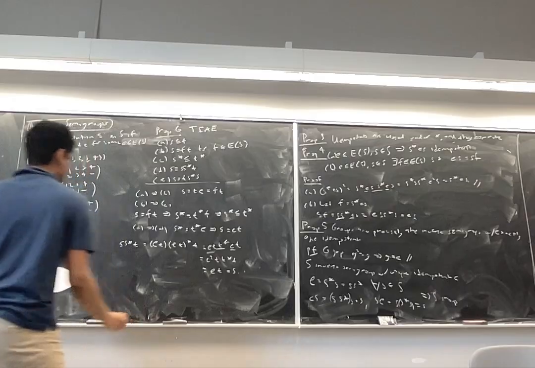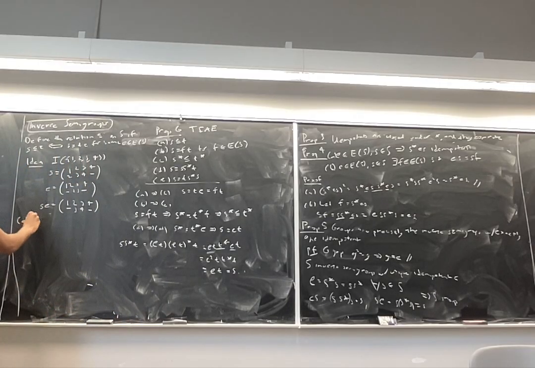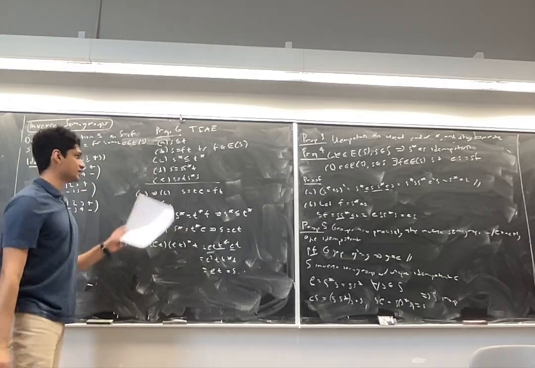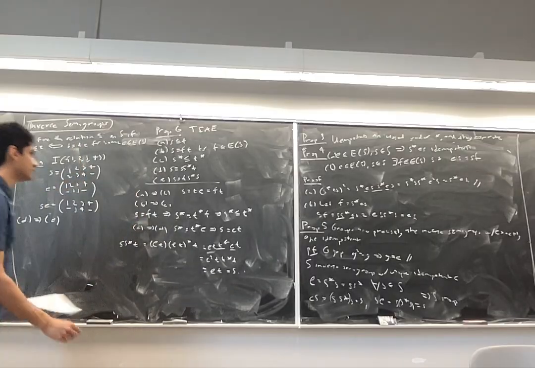Okay, so now the complicated one, we have to show D implies E. The idea is we're just going to substitute S to be this form, and then hopefully we're going to see this come out. So let's do that.